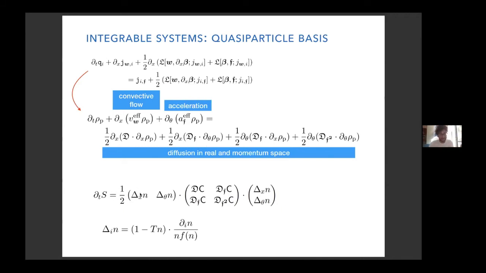Also, the entropy increase can be written as a bilinear form: there is a spreading for the filling of the quasi-particles in real space and in quasi-momentum space, set by these diffusion coefficients.